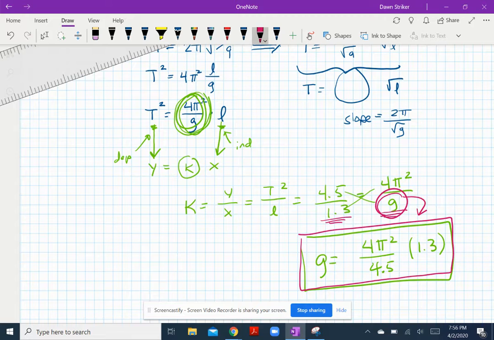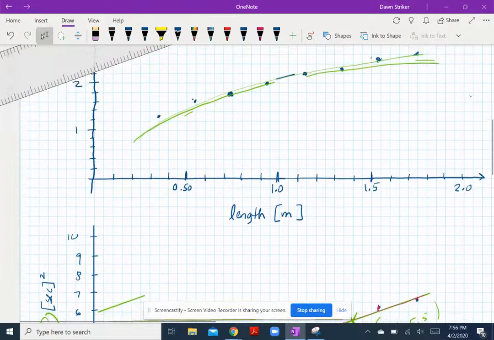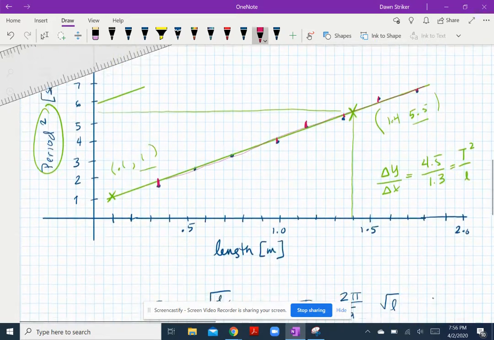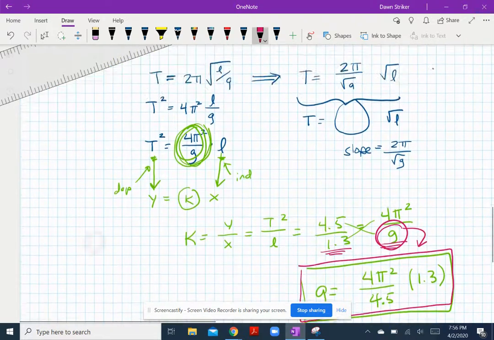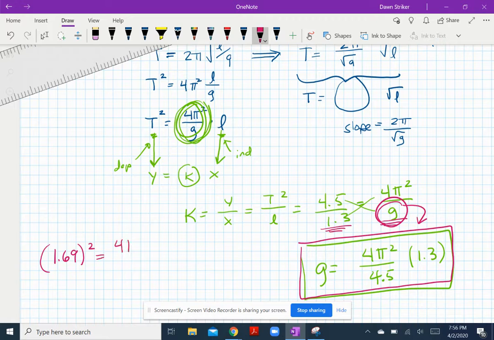I mean, you could use one point. That's what I saw people doing. What does that look like? Take one of your data points, so 1.69 and 35 centimeters. 1.69 squared is equal to 4 pi squared over g times 0.35.